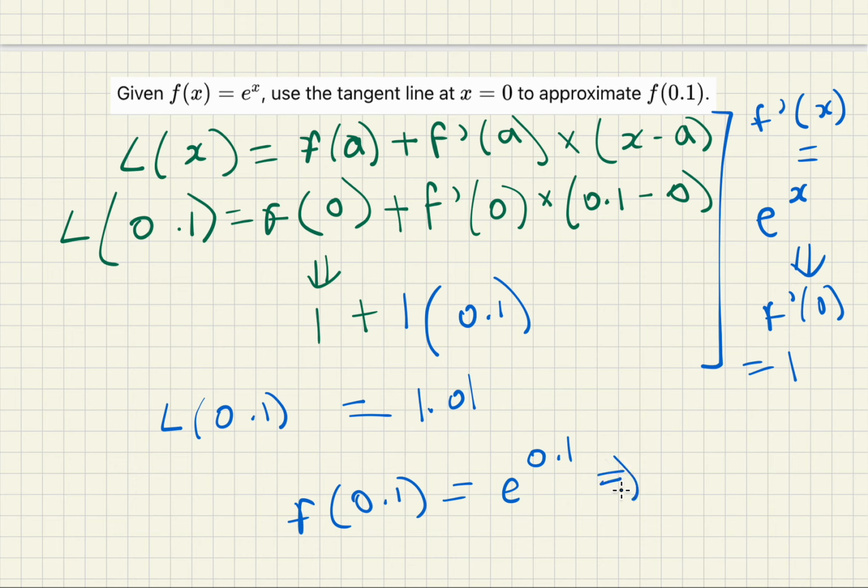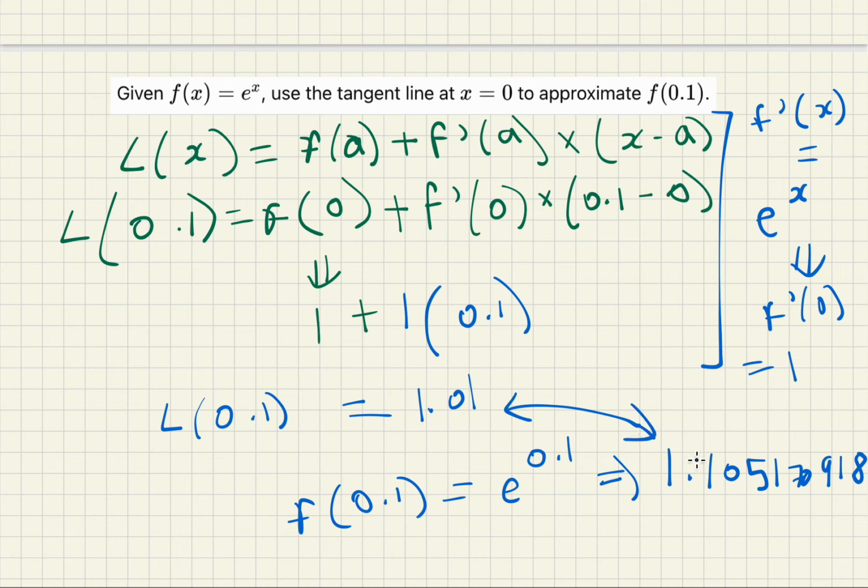And so it's not that easy to find the value of e to the power of 0.1, because you will need to use a calculator for that. And so when you end up using the calculator, you get the approximation of 1.105170918.